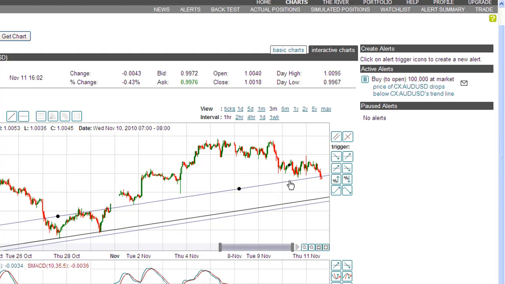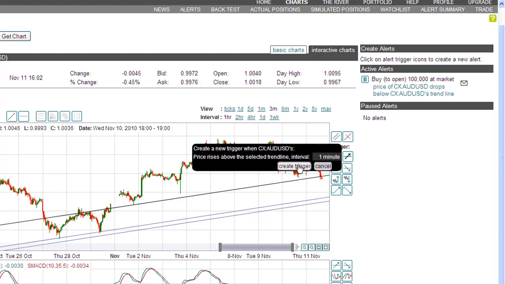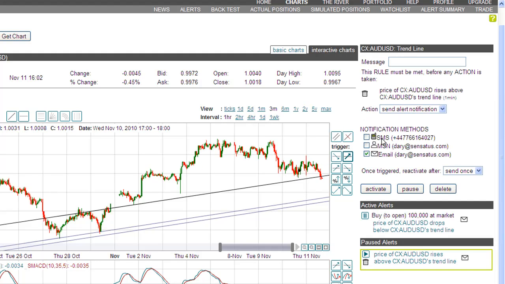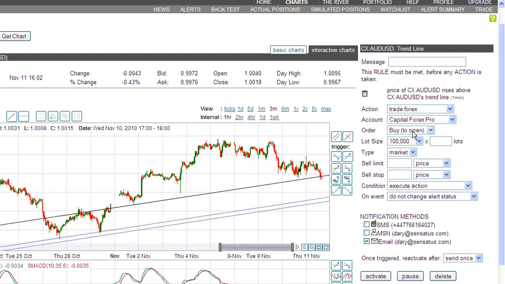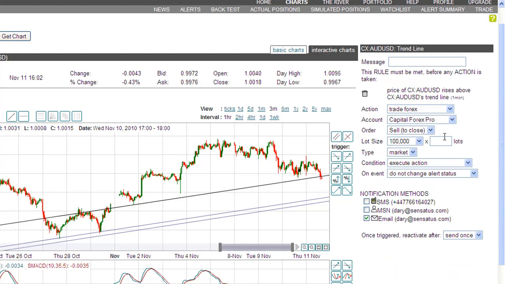My second trade is if the price rallies from the support and hits resistance, I would close out this trade. So if the price rises above this trend line, again the minute it happens, I want to sell to close the long position.